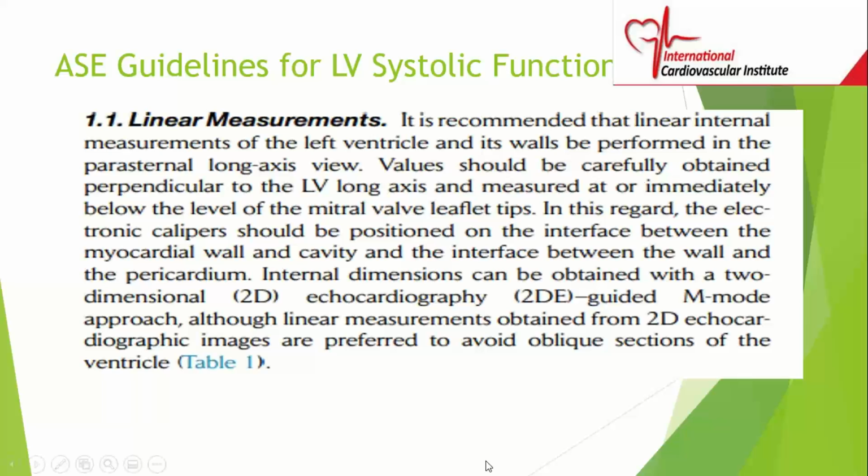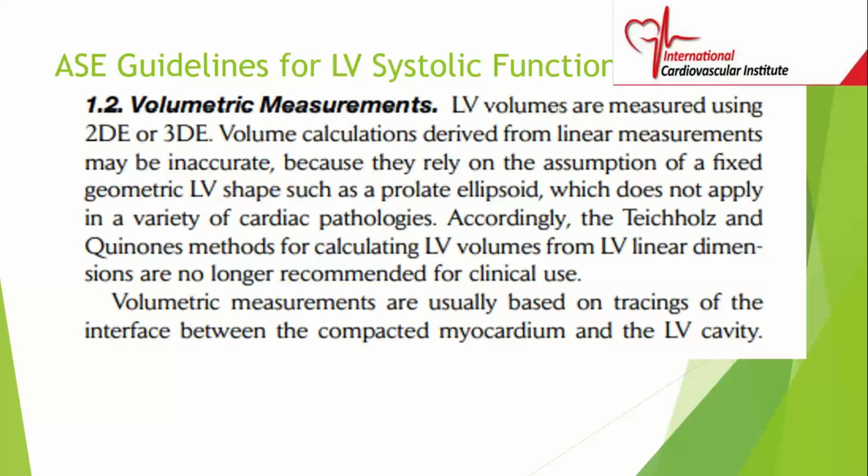For the posterior wall, you do the same thing. Internal dimensions can be obtained with two-dimensional echo, or you can do two-dimensional echo-guided M-mode measurement. You can do M-mode, but it should be two-dimensional echo-guided. You want to make sure that your measurements are perpendicular.